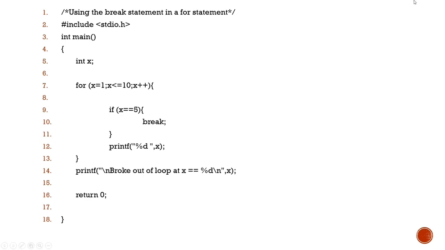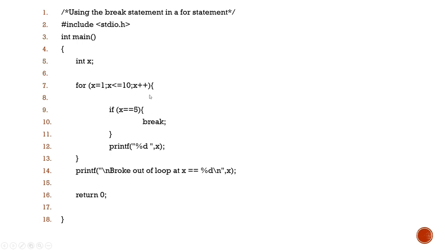This is a for loop, and inside the for body you have this break statement, usually inserted using the if statement. If you analyze the for statement, you have: for x equals 1, x is less than or equal to 10, then x++.